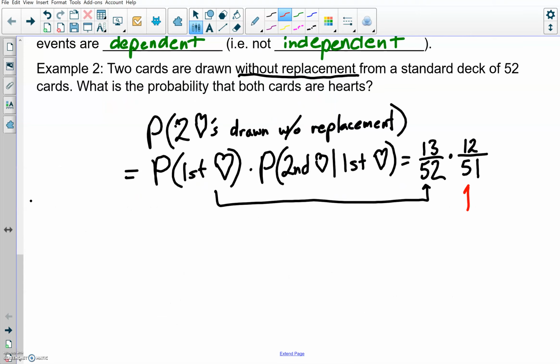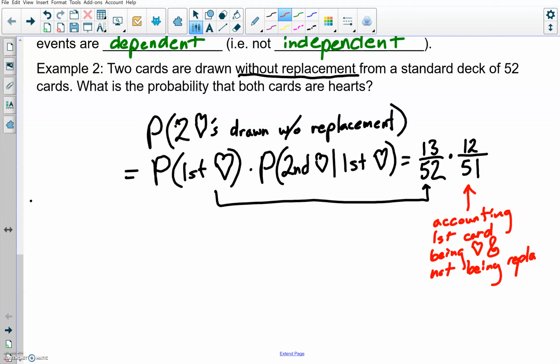So this is accounting for the first card being a heart and being set aside. And more importantly, think of it like not replaced. That's the way you've got to think about it when you're doing these in succession like this.